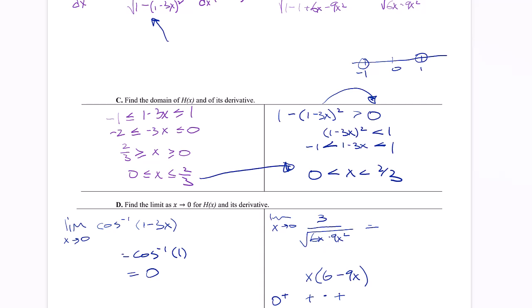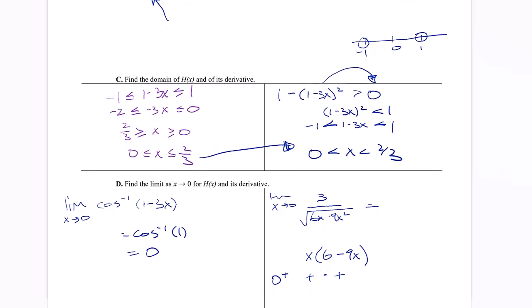Approaching from the left is going to be negative times positive. We're not going to do that because we can't have a negative in the square root. So we're approaching it from the right. And as we approach from the right, we blow up. And so we do get infinity from the right. Equals infinity. The limit as x approaches 0 from the left does not exist. So these together, the limit as x approaches 0 does not exist.